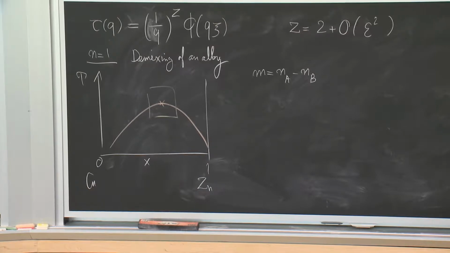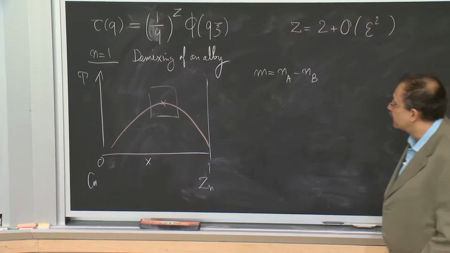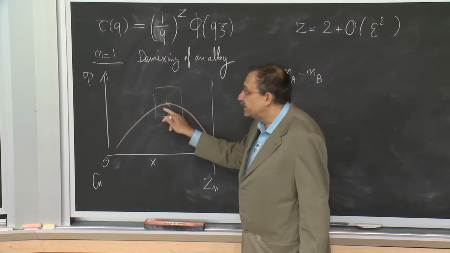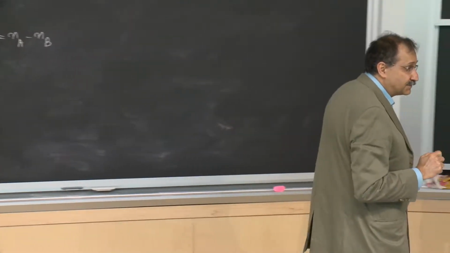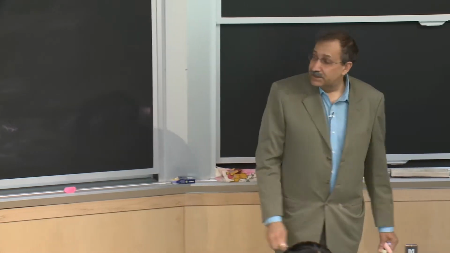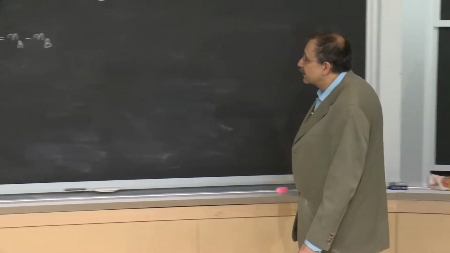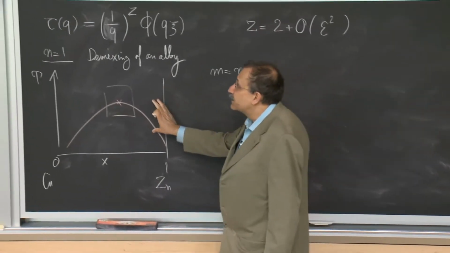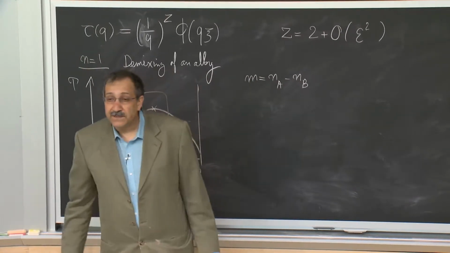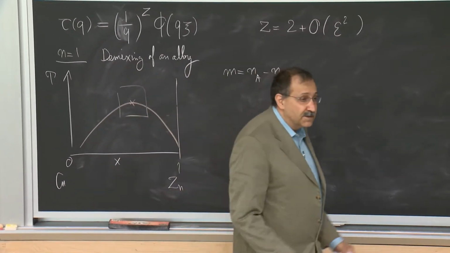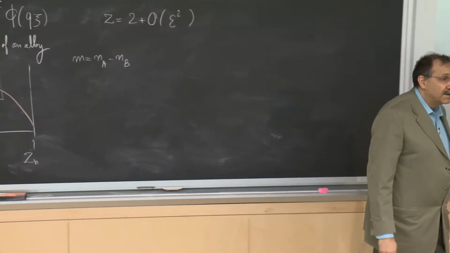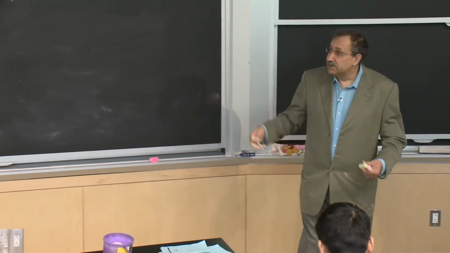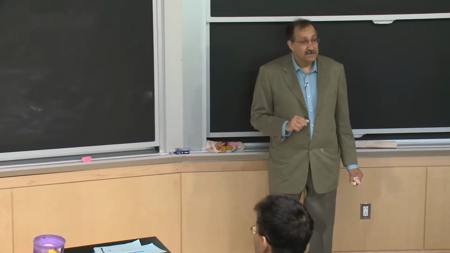So as you go across your piece of material close to here, there will be compositional variations that are described by that. So the question is, I know exactly what the probability distribution is for this system to be in equilibrium given this choice of m, again with some set of parameters r, u, etc.